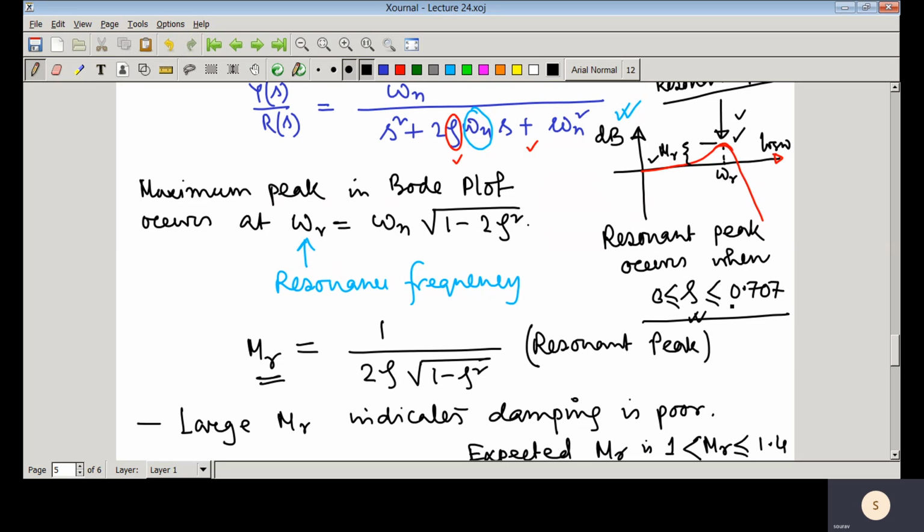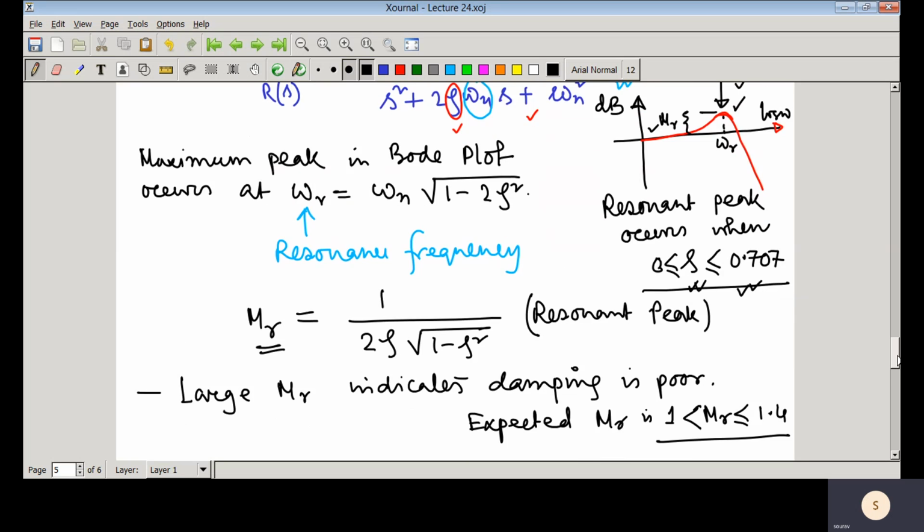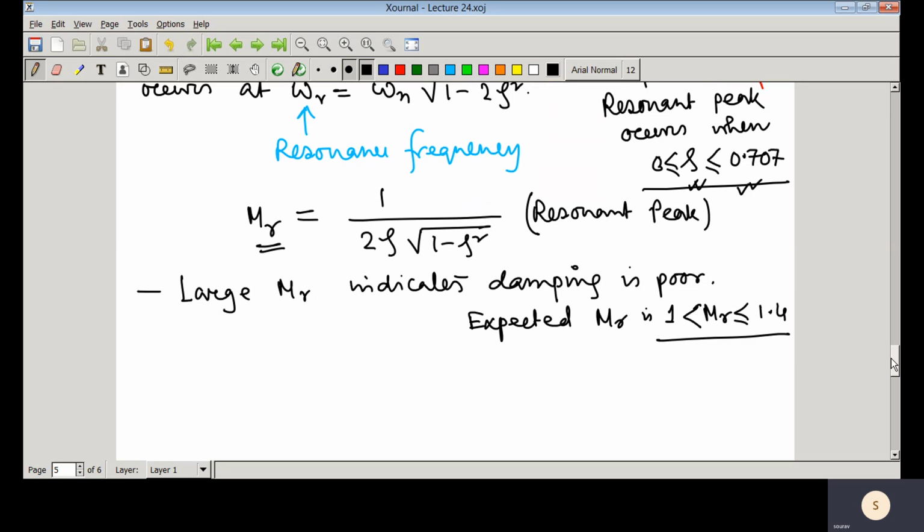You should not be confused with the time response, because in the time domain the overshoot does not appear whenever zeta is greater than or equal to 1. That means whenever it is critically damped or overdamped, there is no overshoot. Here the zeta value is 0 to 0.707, and we are discussing the frequency response. So this is not the time response. You should not be confused with that.